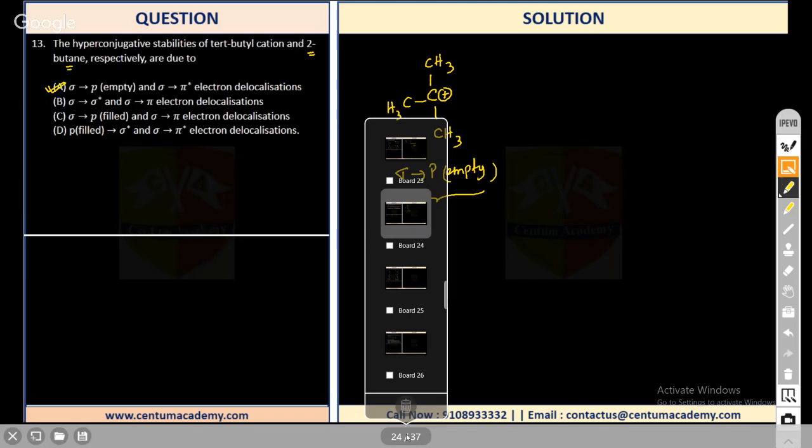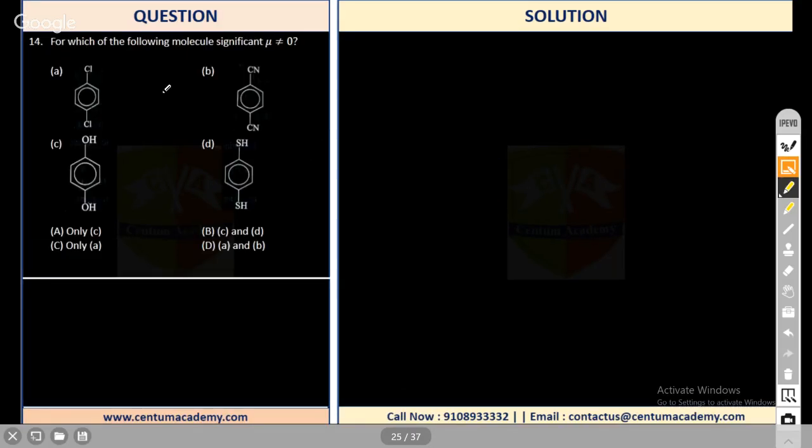You do this one. Which of the following molecules has significant dipole moment? Yeah, we have done this in isomerism, right?